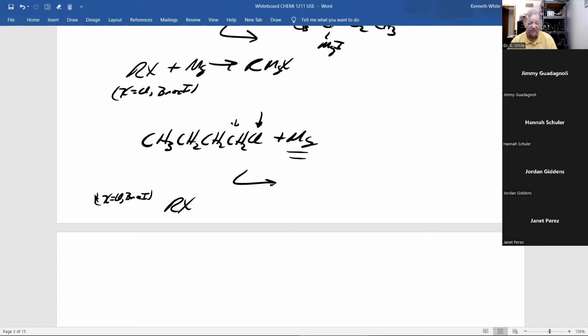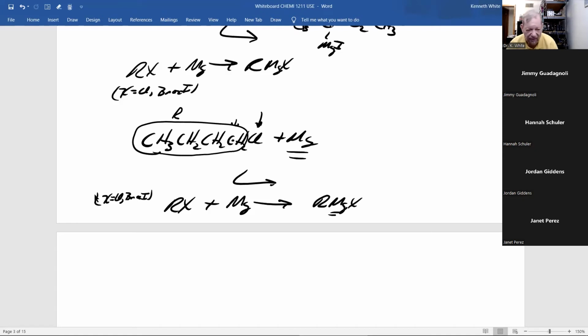Ooh, magnesium metal. And what do you get? You get the Grignard reagent. By the way, Victor Grignard is one of my heroes of organic chemistry. What's our R group? This. The carbon with the halogen is the carbon this magnesium would bond to.